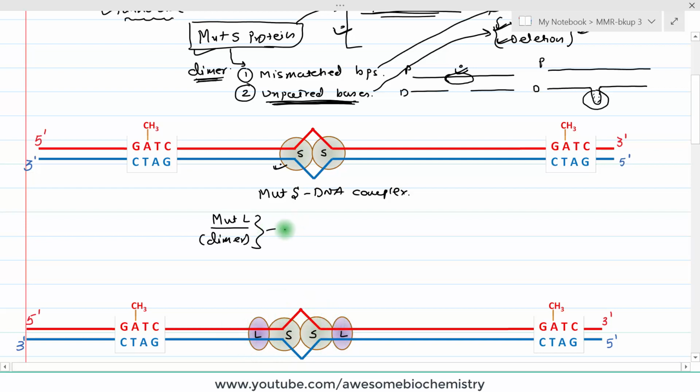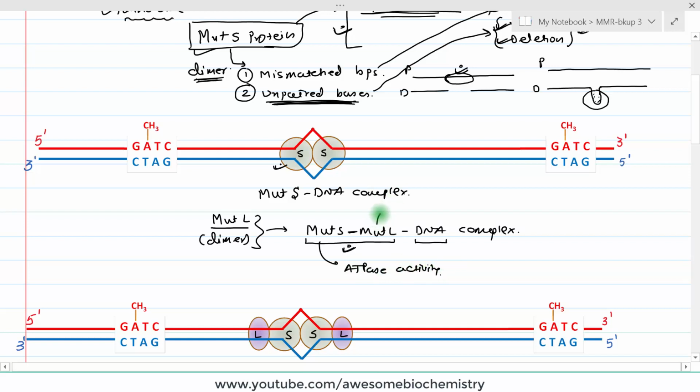So now what happens once MutL comes? We have the MutS, MutL, DNA complex. Now this MutS, MutL is the active form which is bound loosely with the DNA. Now what happens? This MutS has ATPase activity.